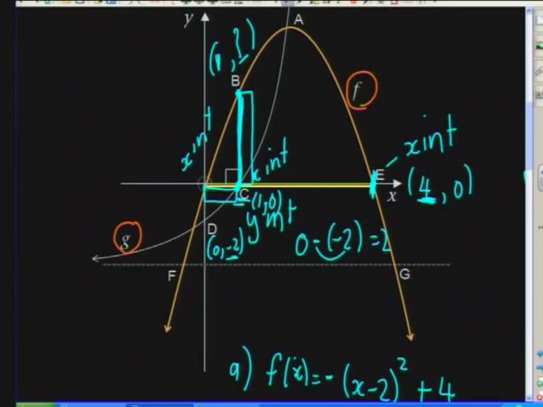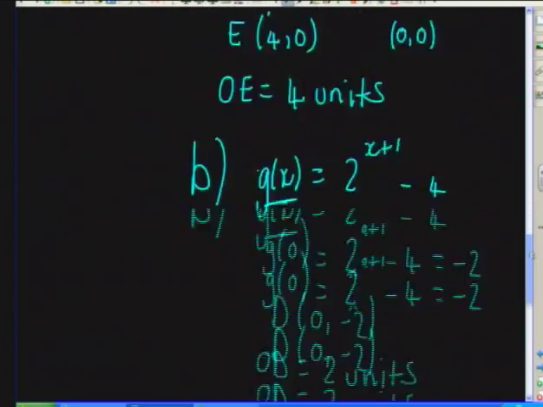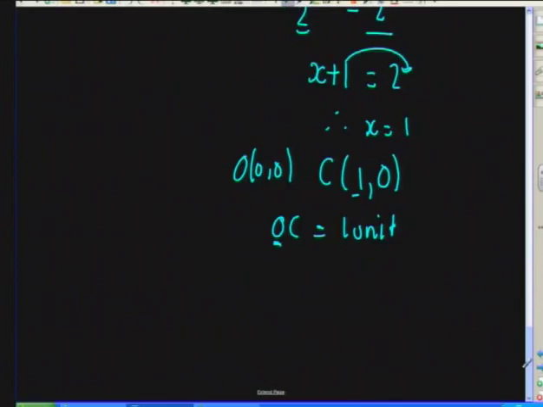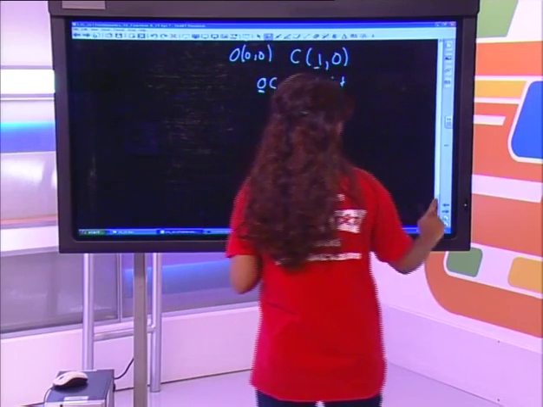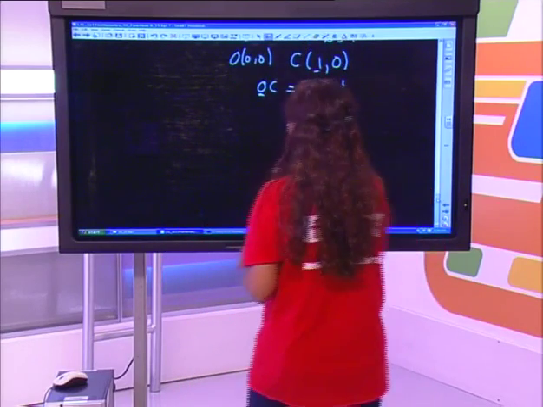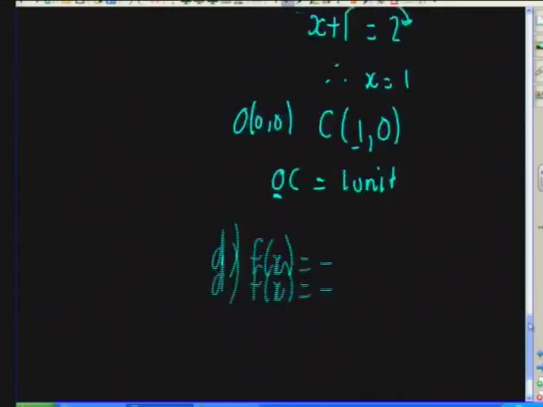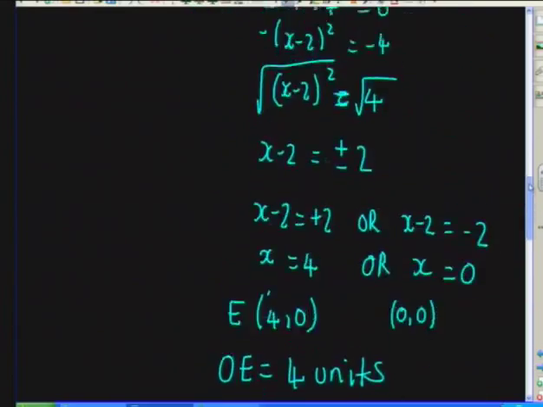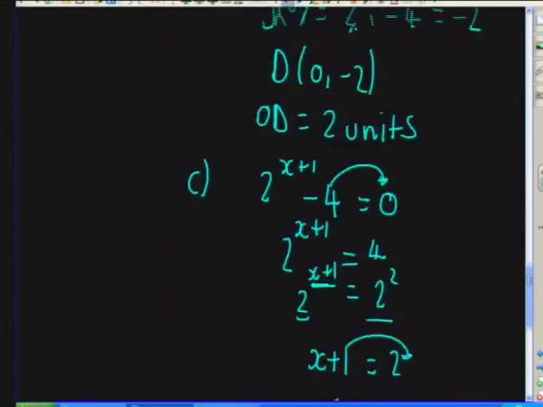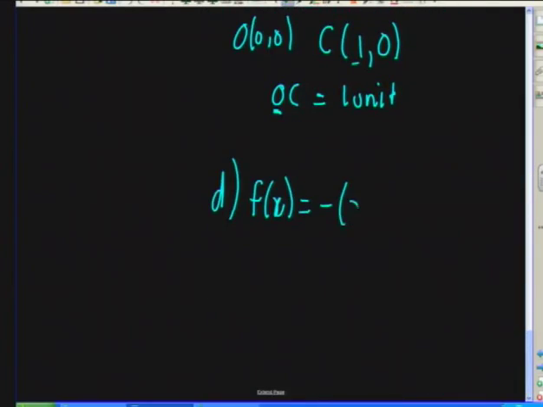Remember, whenever you're looking for vertical distances, you're always dealing with y-coordinates. We know we're using, once again, the parabola f of x is equal to negative, you can never remember this equation, negative (x minus 2) squared plus 4.